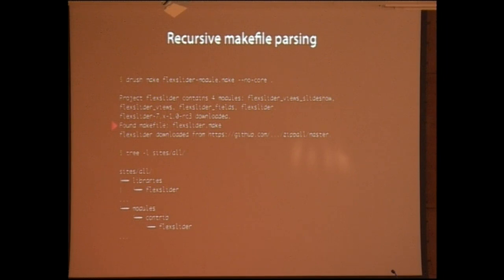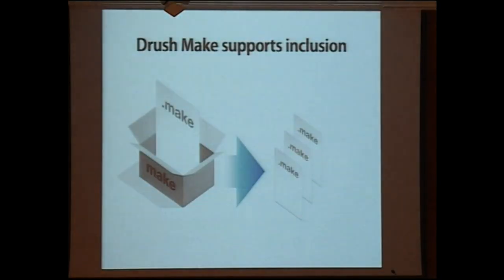I merely had to put in a makefile the fact that I wanted to download flex slider to get all its dependencies. And then you see recursion here. So this modules contrib flex slider would be what I started to download, and the library's flex slider would contain what the flex slider module makefile was asking for.